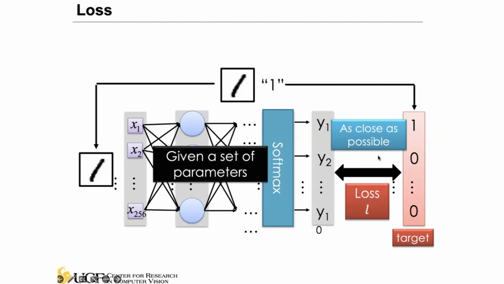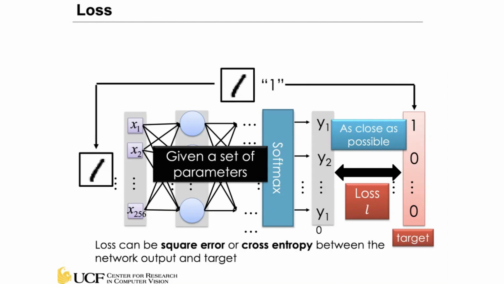And then how do we measure that? We have to define a loss. So here we basically want to specify a specific loss, so that by computing this loss, we know how far we are from a very good model, or how close to the ground truth. Typically we can use a squared error, like a mean square error.